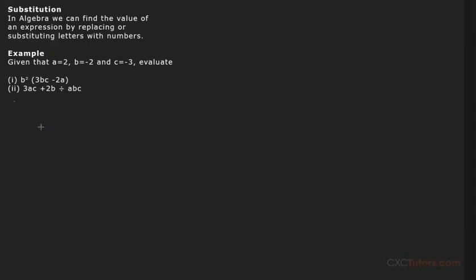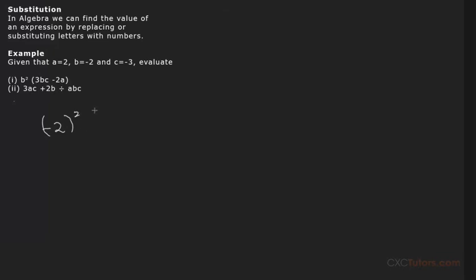Now I'm sure some of you are very smart, and you have worked way ahead of me already and you have got your answer. But let us nonetheless work it out. Now b squared means minus 2 squared. So this is minus 2. I am going to put my negative 2 in bracket, and I'll tell you why later.